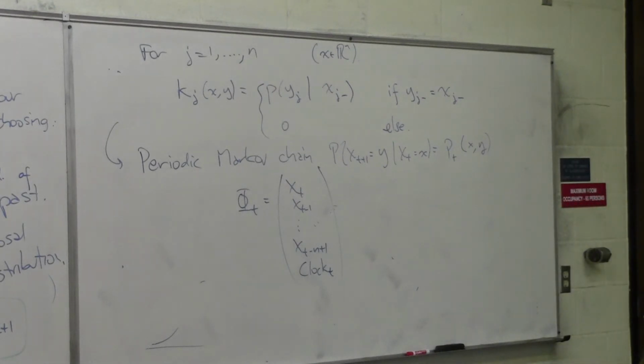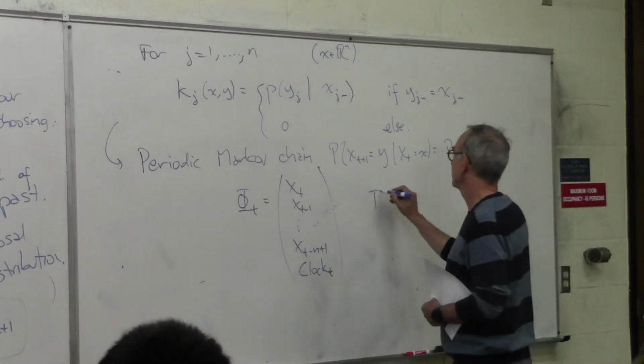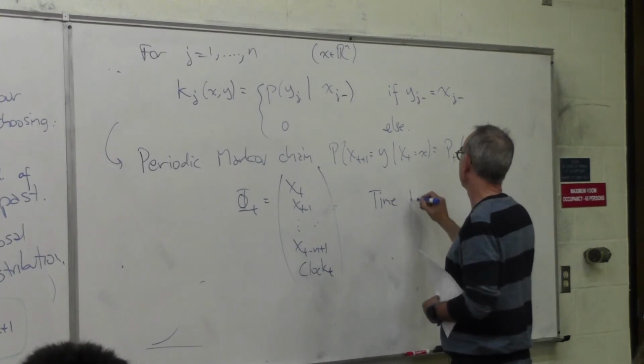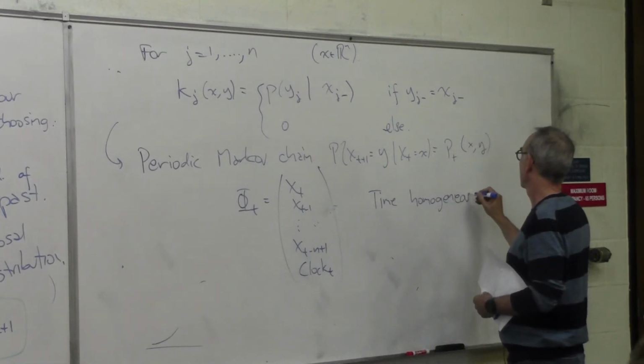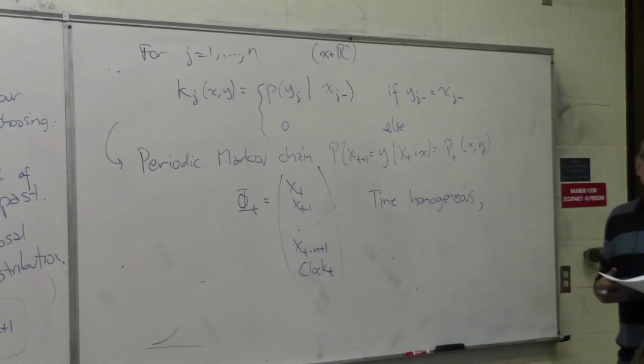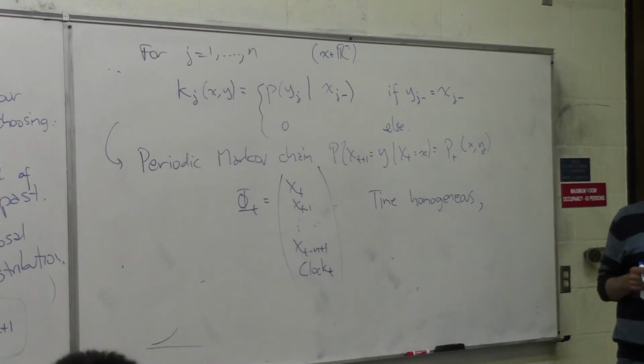Basically, if n equals 12, hour 1, hour 2, hour 3 up to 12, and 1, 2, 3, that's a clock process. It's a periodic orbit. That is a time homogeneous Markov chain, and it satisfies these detailed balance equations. So basically, it is one of our friends.